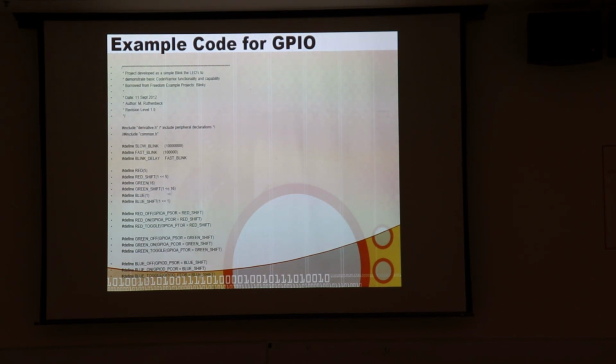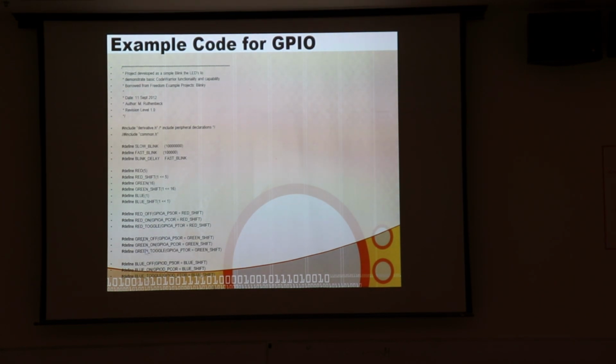This is set up for 16. So these are set up for the tower board, so if these are the numbers, they're wrong. And interestingly, you notice red is defined as 5, green is 16, and blue is 1. It turns out that we never really use red, green, and blue individually. We use the blue shift, red shift and green shift though.